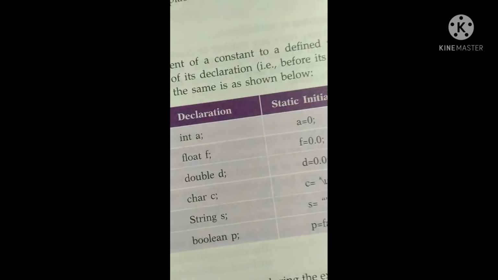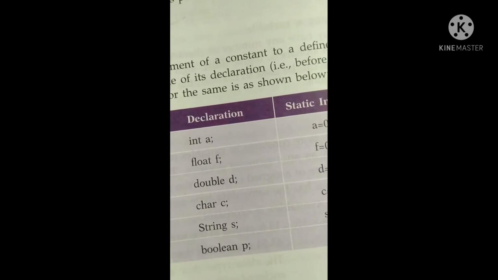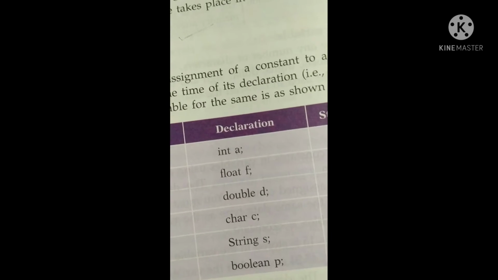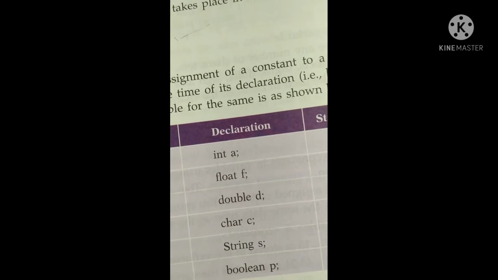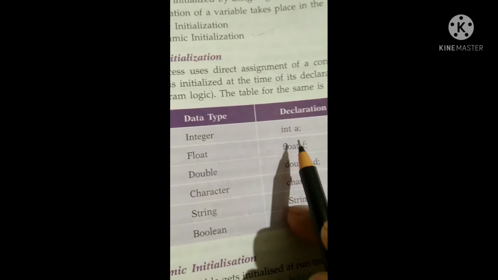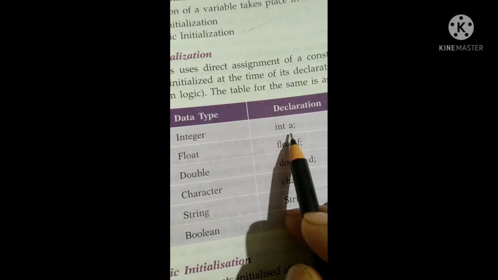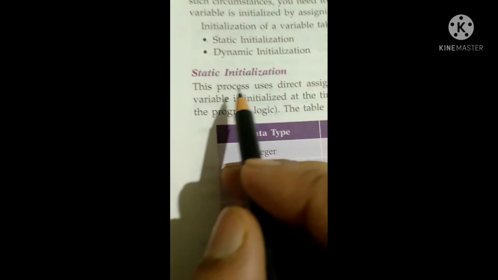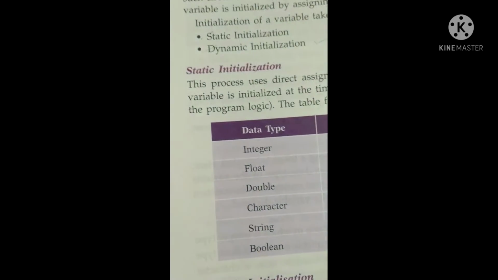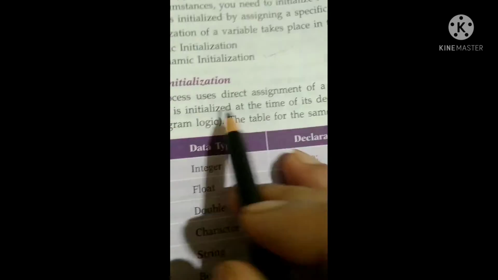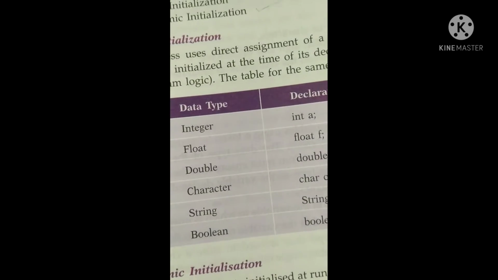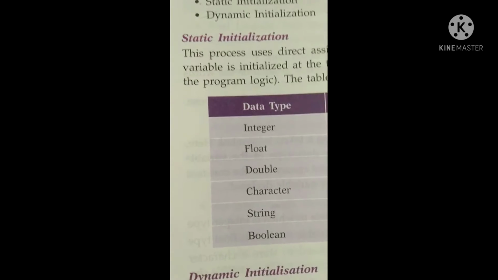That means a defined constant, an integer type constant 5, and our initialization of variable a is 5. That means it is static. No more explanation about this; I am giving a simple way. If you are taking a equal to 5, then it is called static initialization.